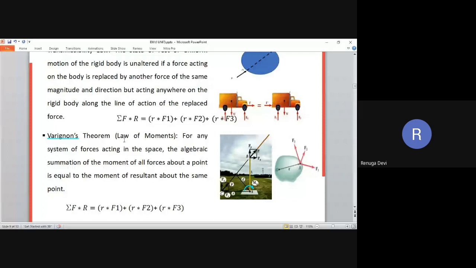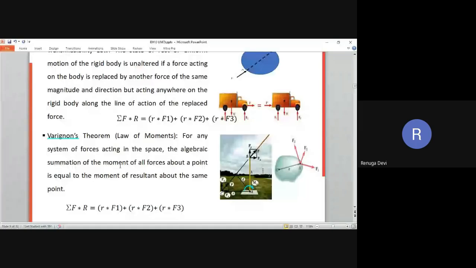Moment is like the force given in rotational form. Like how you use a spanner to remove a bolt. That's the way the law of moments is very helpful.